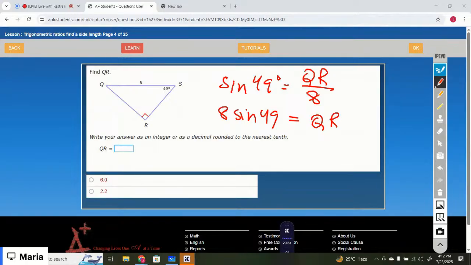Sine 49 times 8. Sine 49 is 0.156 times 8. Hold on.